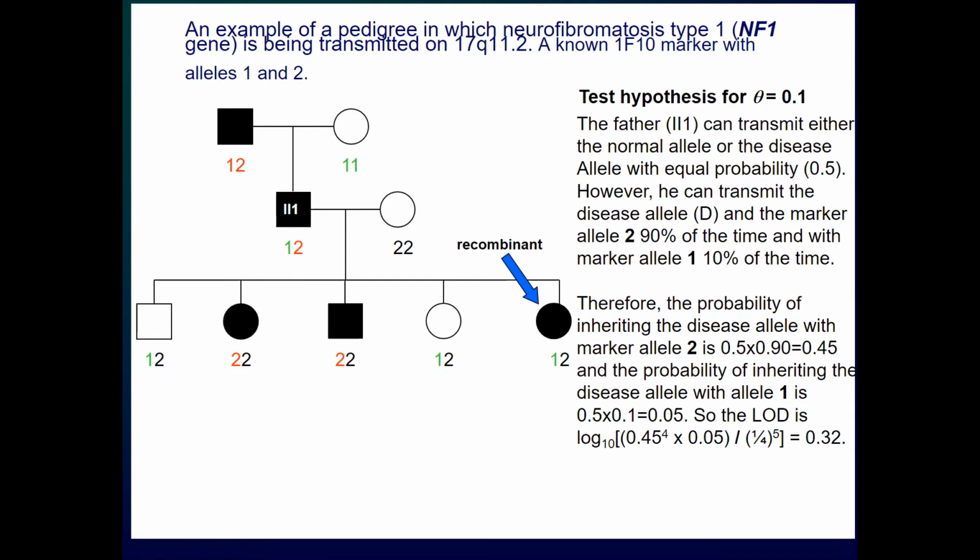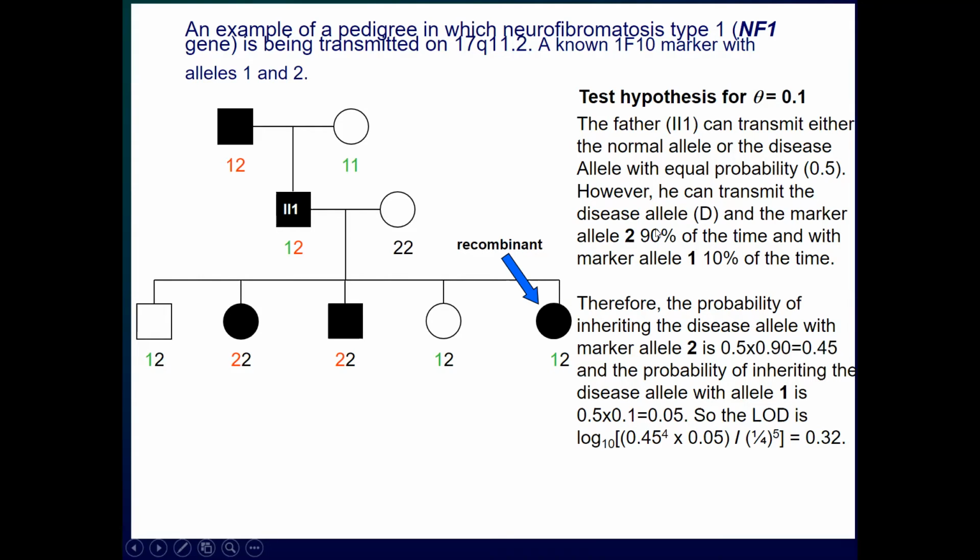Now, this becomes a little bit more complicated here, but because we have done the previous example with theta equals 0, I think it will be easier to follow what we need to do to estimate the LOD for theta equals 0.1. So this individual will still transmit the 2 possible haplotypes, capital D with 2 and small d with 1.